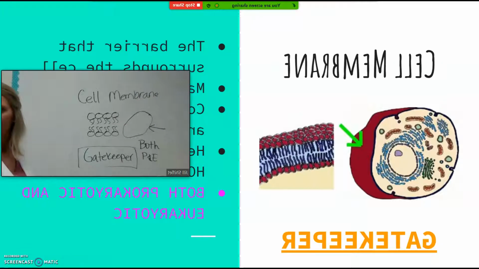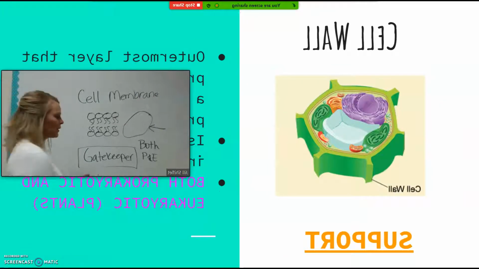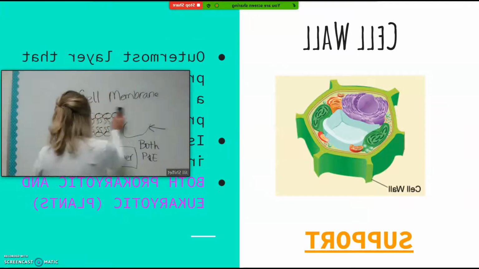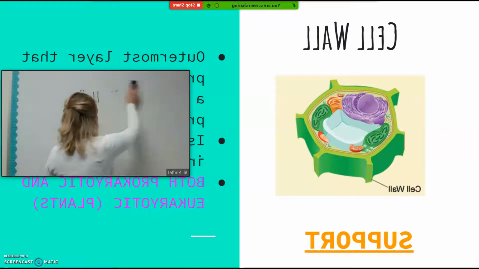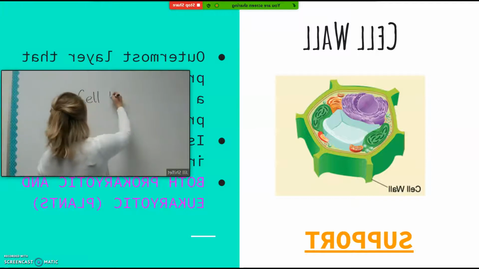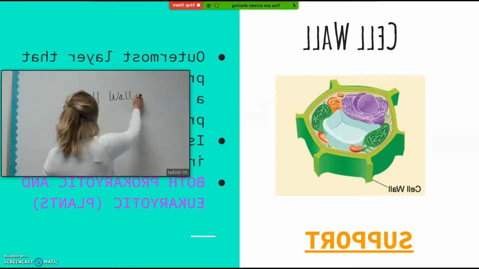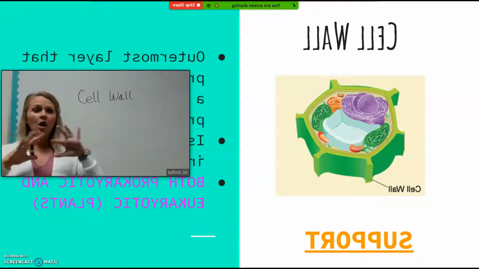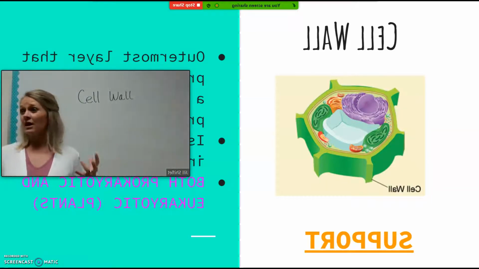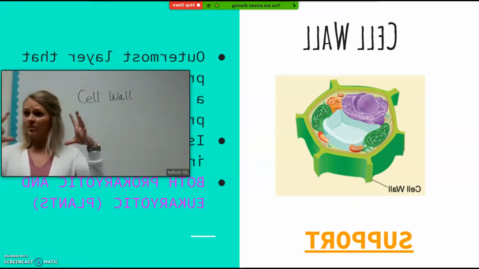All right. In our next square, we have a cell wall. A cell wall obviously shares some characteristics with the cell membrane. But the cell wall goes outside of the cell membrane. All cells, every single cell in existence, has a cell membrane.